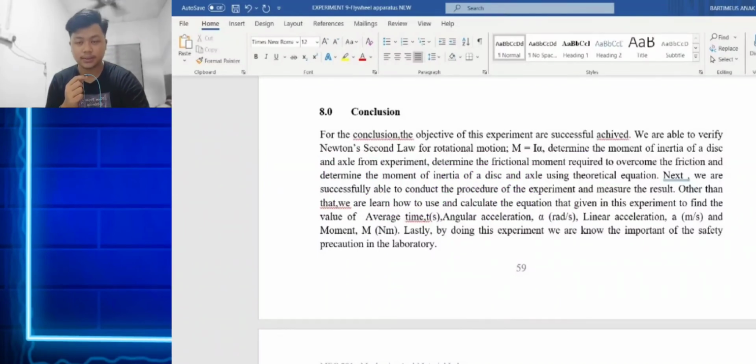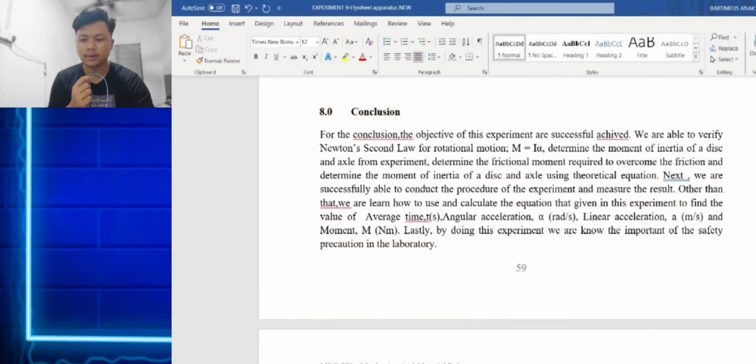Okay, next we go to the conclusion. For the conclusion, the objective of this experiment is successfully achieved. We are able to verify Newton's second law for rotational motion, M equals the inertia times angular acceleration.